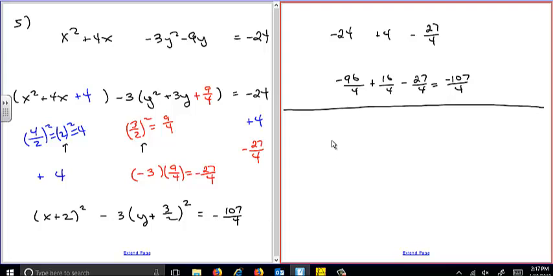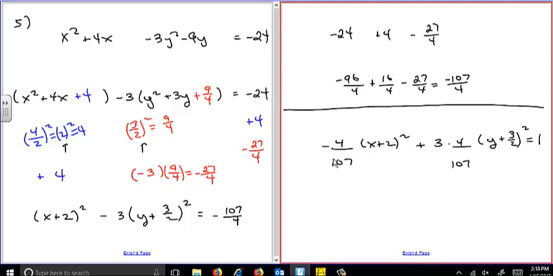So if we do that, we'll get negative 4 divided by 107 times x plus 2 squared plus 3 from here times, now the negatives cancel out, so it becomes positive 4 divided by 107 times y plus 3 halves squared is equal to 1.